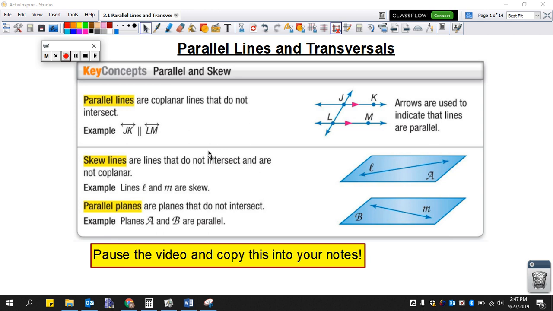Parallel planes have the same concept. Remember, planes go on forever in all directions. So parallel planes go forever in all directions, but they never cross each other. Some real world examples of parallel planes are the floor and the ceiling in your house.